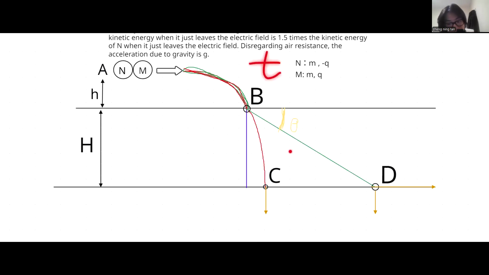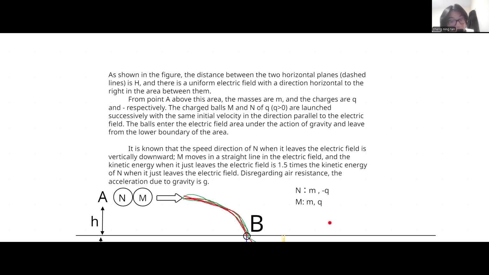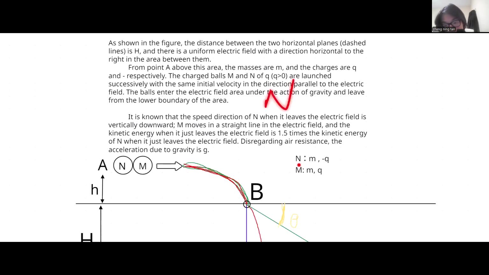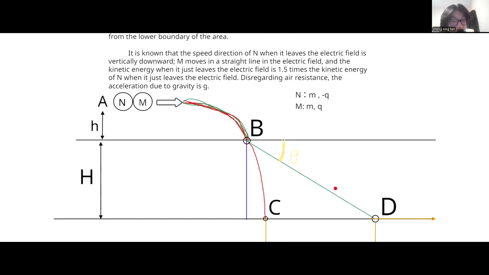Because their charges are exactly opposite, they accelerate with the same magnitude, but in opposite directions. That is, M moves horizontally to the right with uniform acceleration, and N moves horizontally with uniform deceleration.